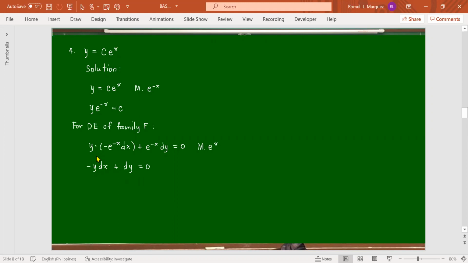So again, this is negative y dx plus dy. Okay? And again, this is a separable DE. To separate variables, we have what? This integral, this.